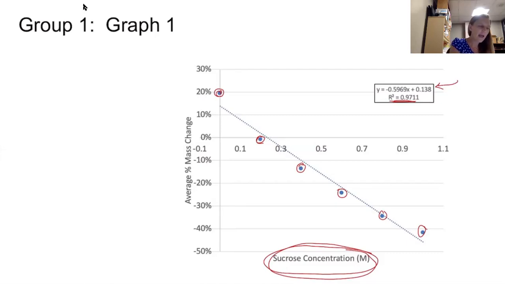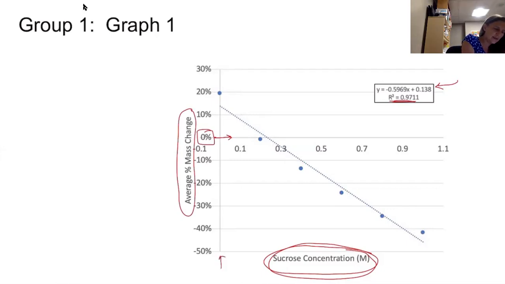So what we are actually looking for here is at what concentration there was 0 mass change, right? So if you look at the y-axis at the mass change, 0 is right here, right? At 0 molar sucrose, you can see there was a 20% increase in mass.